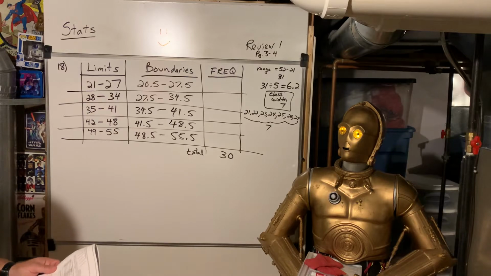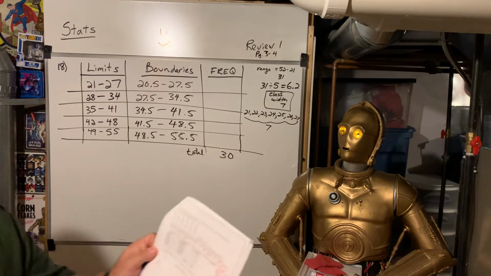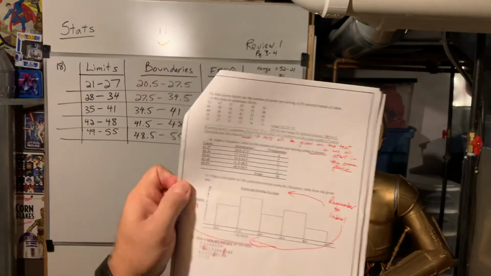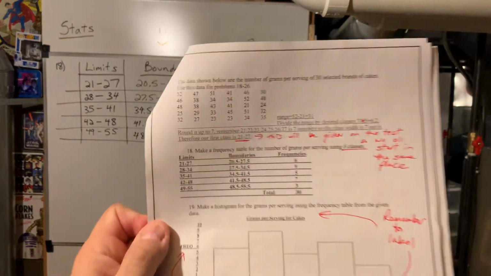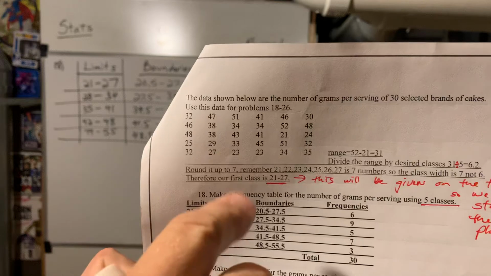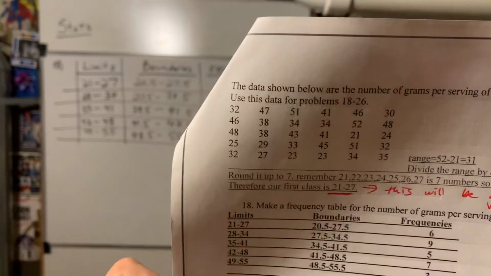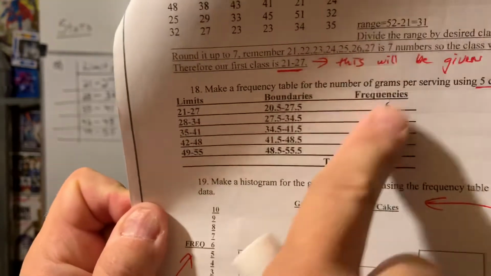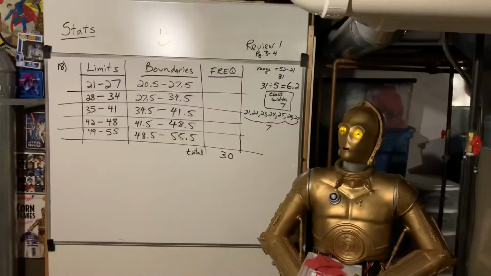So now, how frequently does each one of these occur? You're going to look at the actual raw data and cross it off and put a little tick mark in there. Or if you put it in Excel and have it order it, it's easier to find the frequencies. All right?